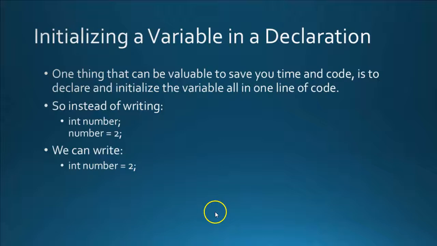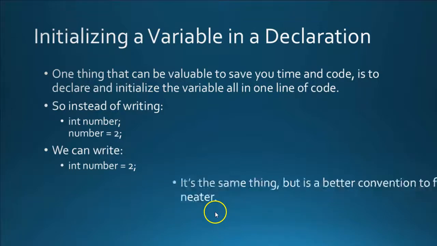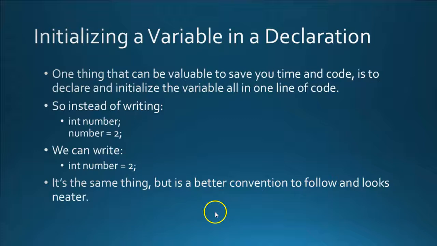Now, I don't know what you do, but if I can save myself some time and write the code a lot neater, I'm going to do that. It's the same thing, the exact same code, but it's convention to follow, and it's going to look a lot neater. Here I have 2 lines, here I have 1 line.